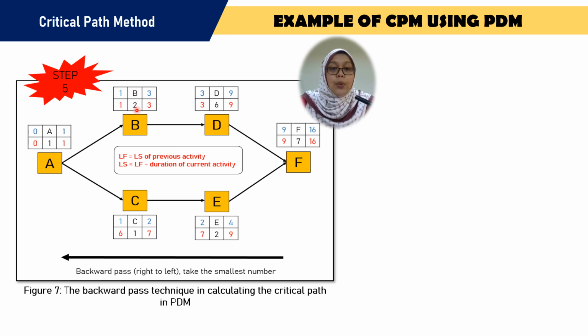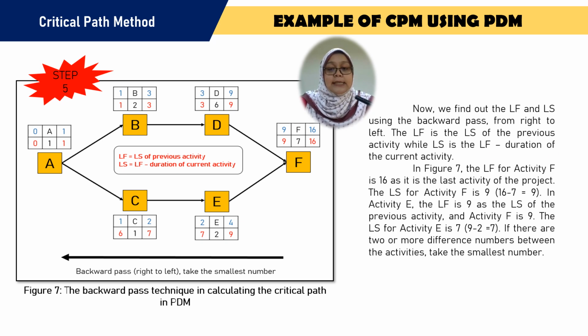So here we have two numbers, so we have to choose the smallest number to get the late finish of activity A. The smallest number here is 1. So the late finish of activity A is 1, and minus the duration of the activity, 1, we will get 0.